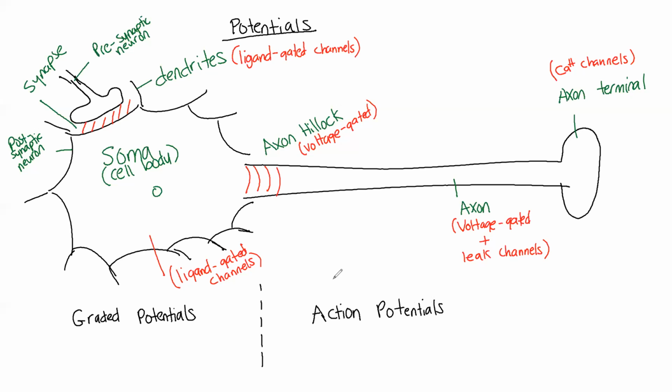So really important point to make, graded potentials are before the axon hillock, so really throughout the dendrites and the soma and cell body, whereas beyond the axon hillock, if we meet that threshold requirement, what we see are action potentials that are propagated down the length of this neuron, and then that changes to chemical energy at the axon terminal. Okay. All right. Any questions? Any questions on this before I move on?